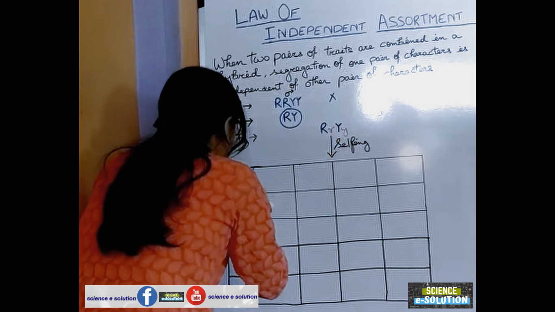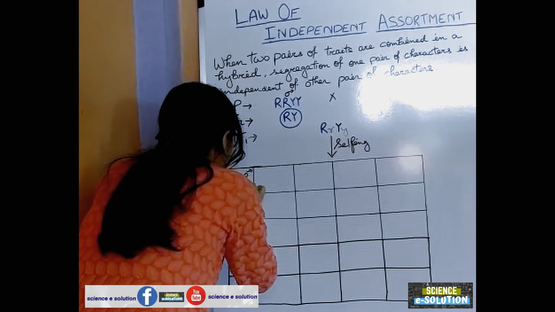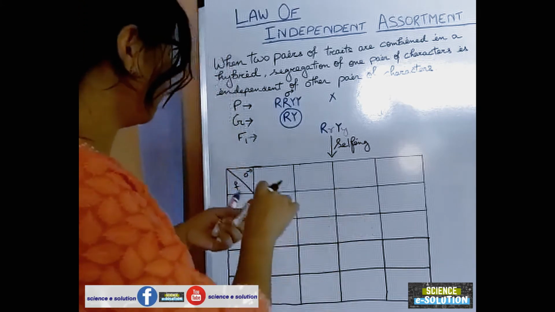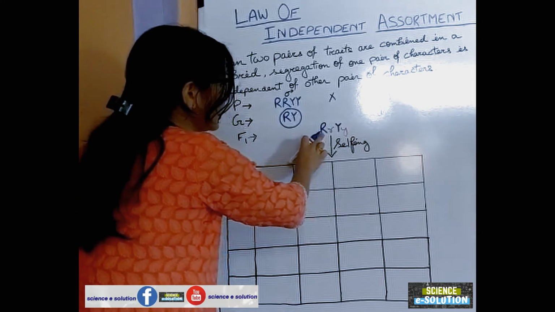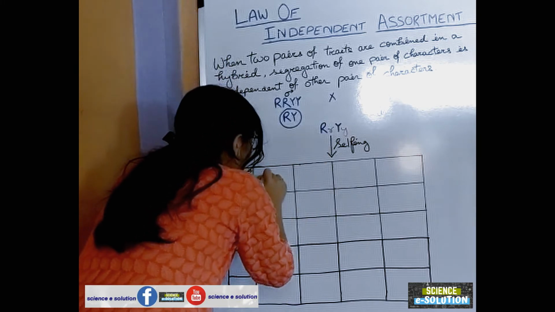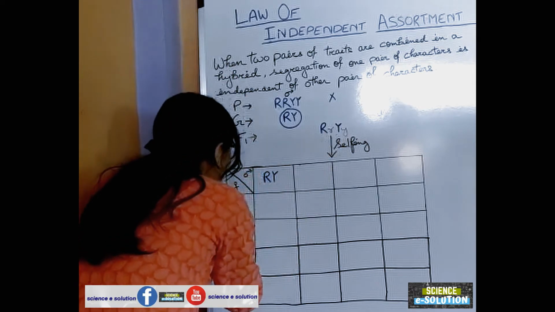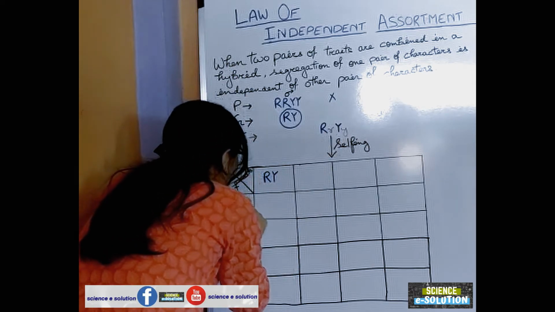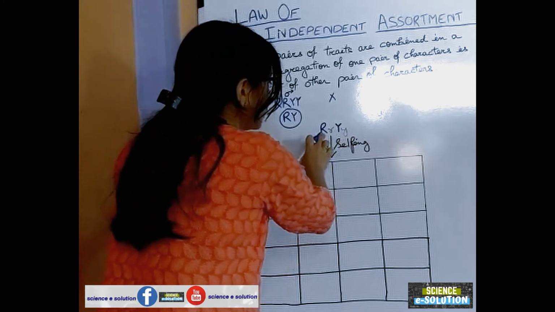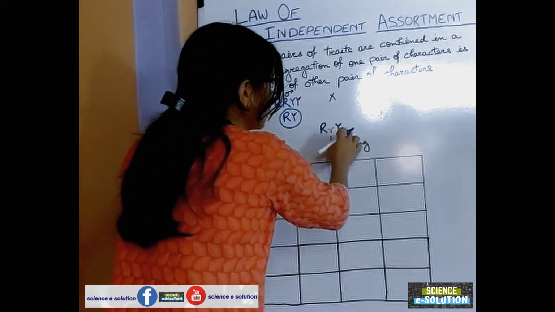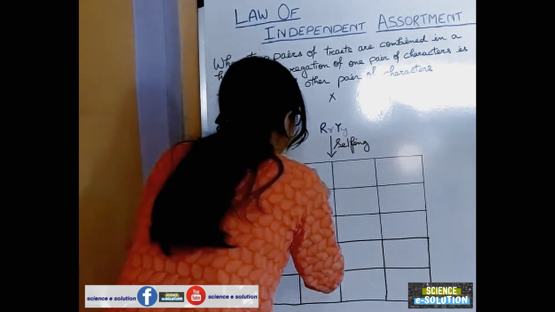Gametes in this case, let me write this: male and female, both types of gametes will be the same. The first will be round for the first character, seed shape, and Y for the second. Here also R, Y is the first type of gamete. The second type of gamete is dominant for round and recessive for green, capital R, small y.